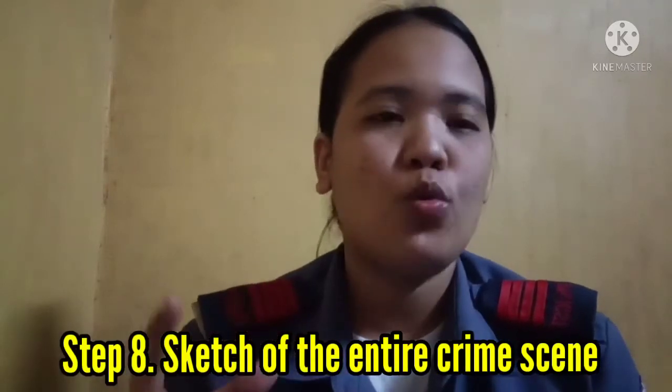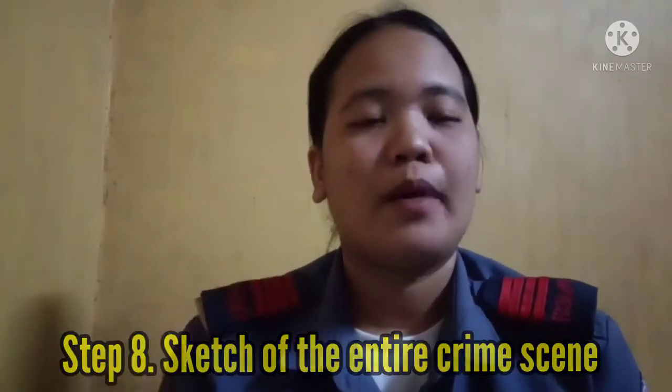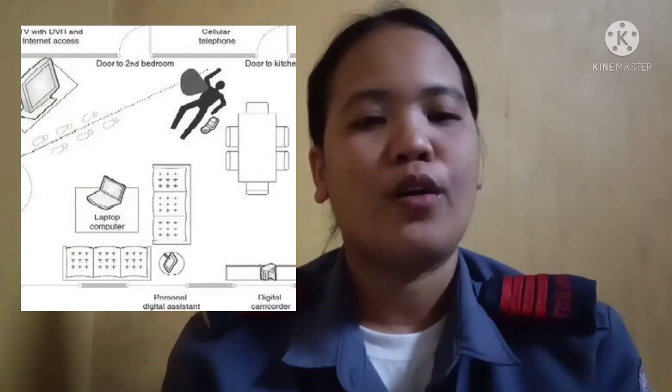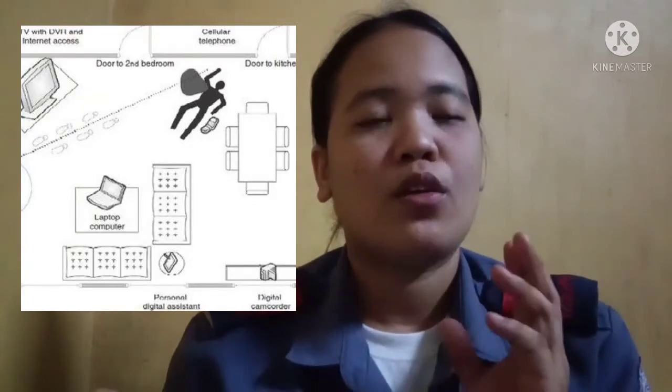The next step, step number 8, after documenting the crime scene, the sketcher will now sketch by drawing the entire crime scene. The sketch will show the exact measurement of the crime scene and where the evidences are located by their exact distance and objects in the crime scene.